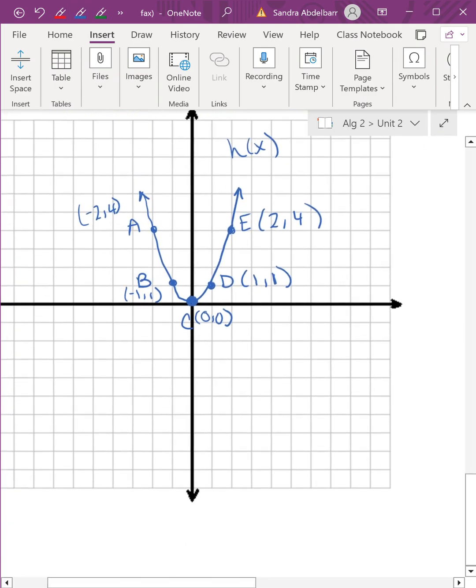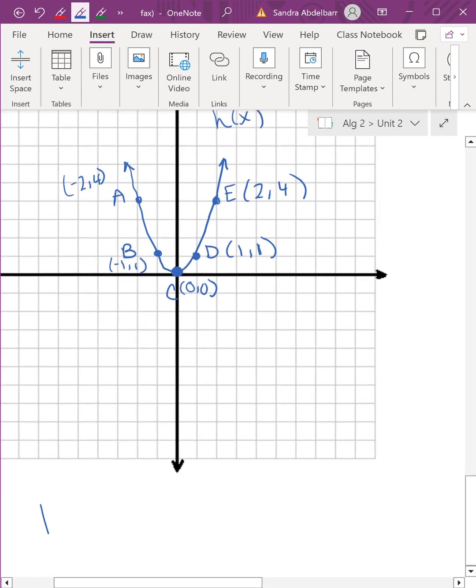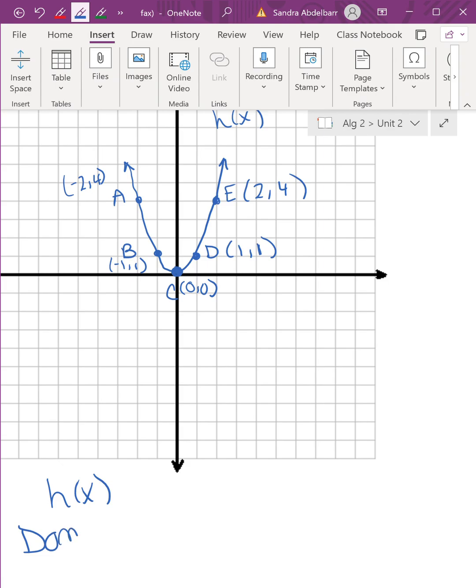Okay, so now before we do anything else, I want to talk about h of x. Let's talk about our domain of h of x. Looking at the graph, what's our domain here?